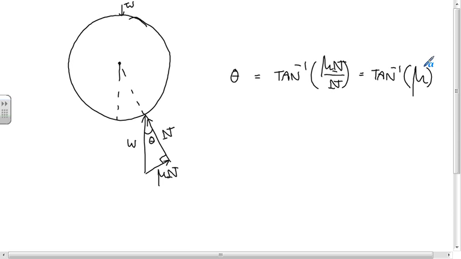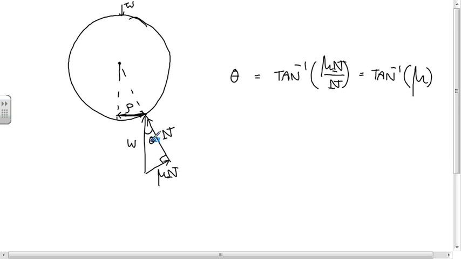So why does it help to figure out that angle? Where are we trying to go with this? All we're trying to do is figure out the moment that this force W applies. To do that, we just need to know this moment arm length. You can think of this as rho. If we can figure out this rho value, then we can figure out the moment.